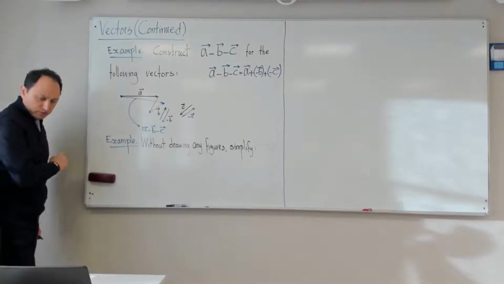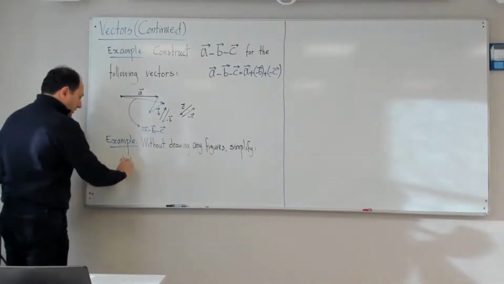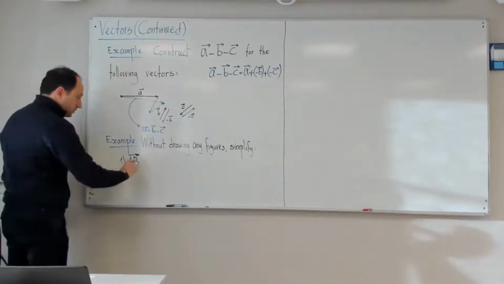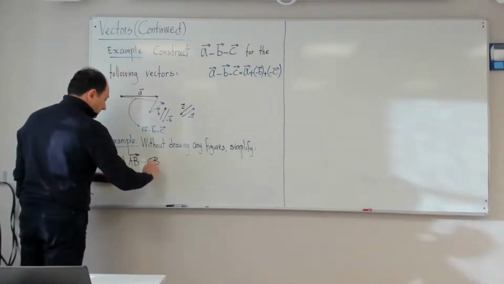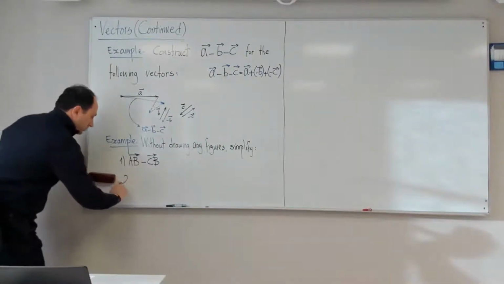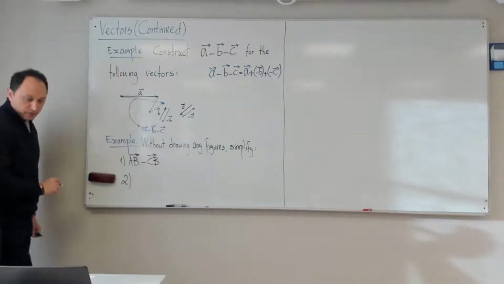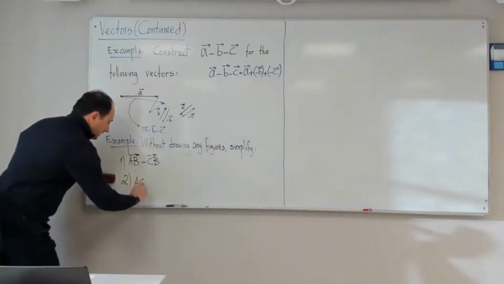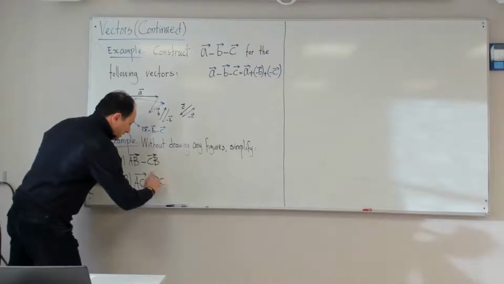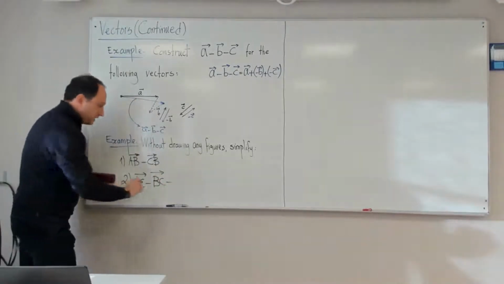We are supposed to simplify very simple ones. So number 1, vector AB minus vector CB. Now let me write the second one here. Number 2, vector AC minus vector BC minus vector DB.